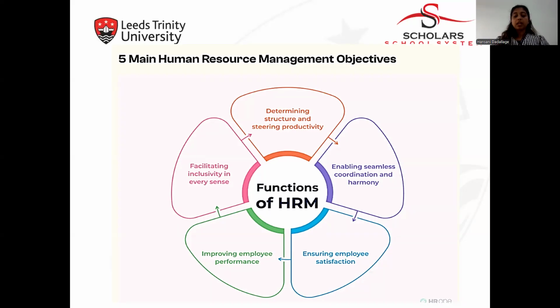Then third objective is ensuring employee satisfaction, which is very important because satisfied employees are working better than unsatisfied employees, and satisfied employees help in achieving organizational goals effectively and efficiently. Then the next objective is improving employee performance, and the final objective is facilitating inclusivity in every sense. So in modern business organizations, inclusivity is an important element. So that's why this objective has been forwarded as one objective of human resource management.